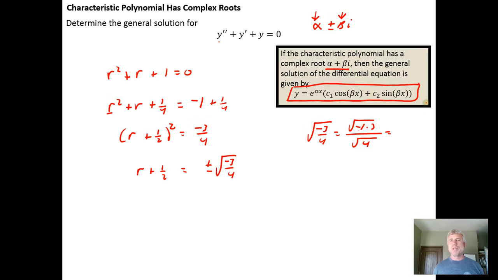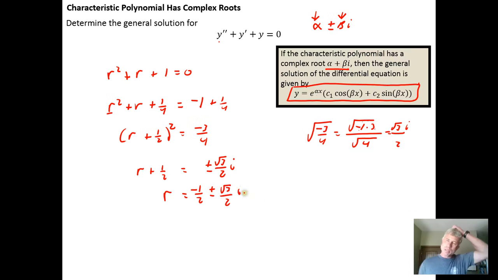And the square root of -1 is i, so we get the square root of 3 times i over the square root of 4, which is 2. So right here we really have plus or minus root 3/2 times i, and then we subtract 1/2 from both sides. We get r equals -1/2 plus or minus the square root of 3/2 times the imaginary unit i.